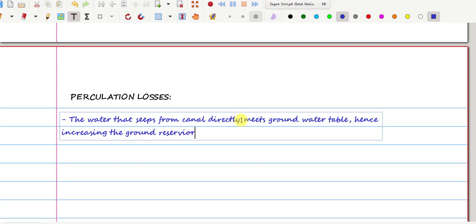At the end, it will increase the level or capacity of the ground reservoir.